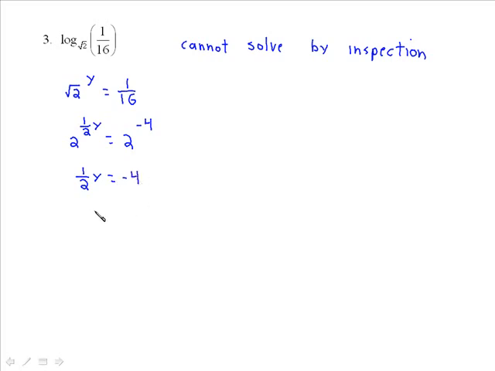And when you're solving this, multiply both sides by 2, so you get y is equal to negative 8. So this thing is equal to negative 8. Either write it like this, or just write negative 8. Either way is fine. But that's the method. You just have to remember that a variable is implied. The exponent is what you're looking for.